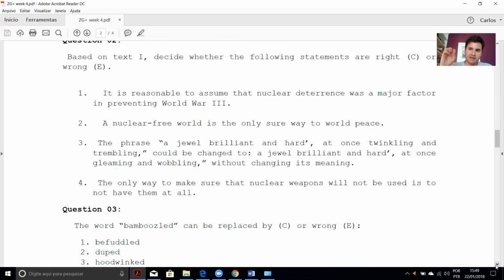The word twinkling, like a twinkling star, a shining star, is the same thing as gleaming. Gleaming also means shiny, twinkly, the same. And wobbly, almost like trembling, they're synonymous, means that you're shaking, you have quivers, and you're shivering. It's the same idea. So here you just interchange the synonyms. This was a straight up vocab question.